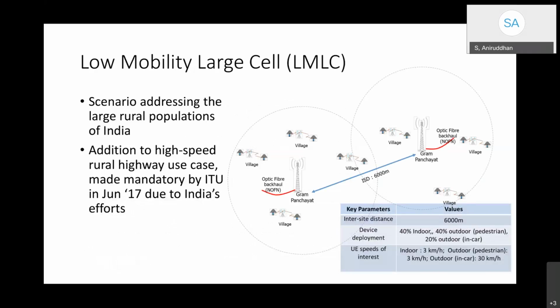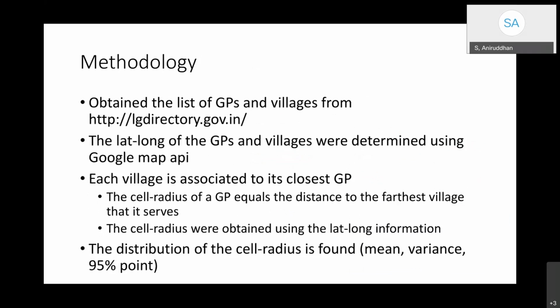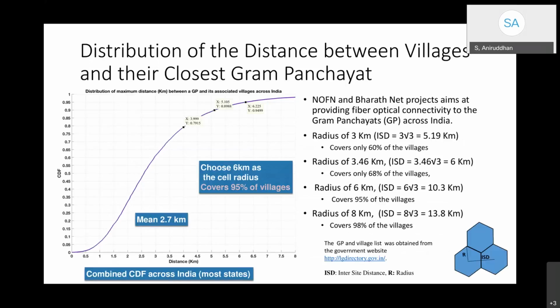It turns out that if you use cells of different radii, as you increase the cell size, you will cover more and more villages. This plots the distribution of the distance between the villages and the closest gram panchayat.